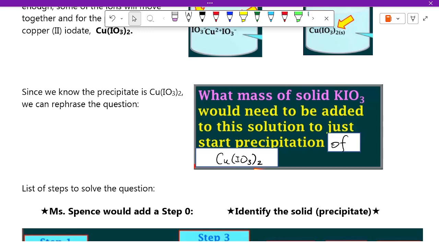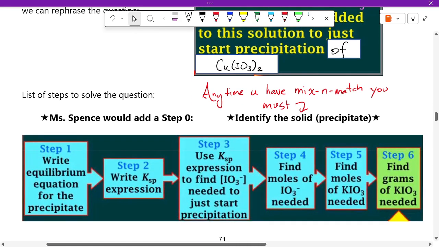You have to identify the solid or the precipitate, so anytime you have mix and match, you got to do that.